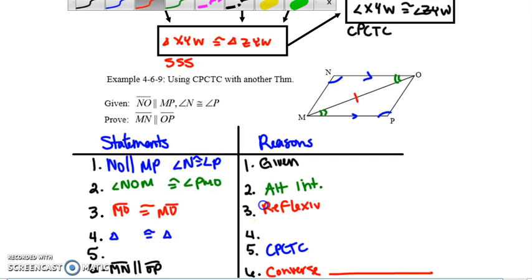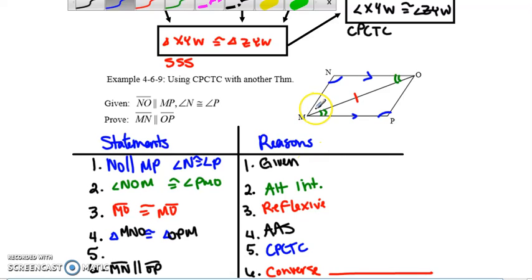And does that give us enough? An angle, side. Yes, that's enough. So we're going to put angle, side. And that's triangle MNO is congruent to triangle OPM. Now, we need something to help us get to these being parallel. So we need some angles, and then we can do our converse of whatever angles those are.